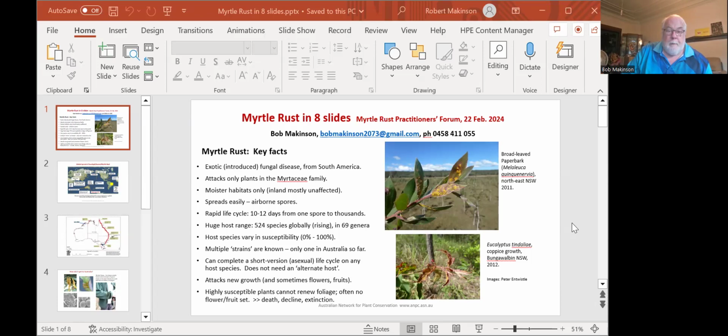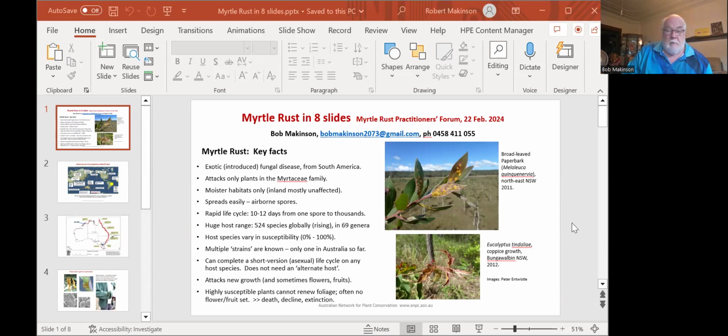Now, multiple strains or variants of this pathogen are known from various countries. There is only one variant in Australia so far. You'll hear this referred to as the pandemic strain, and it's a national biosecurity priority to keep out the other strains because they could add to the very significant problem that we've already got.